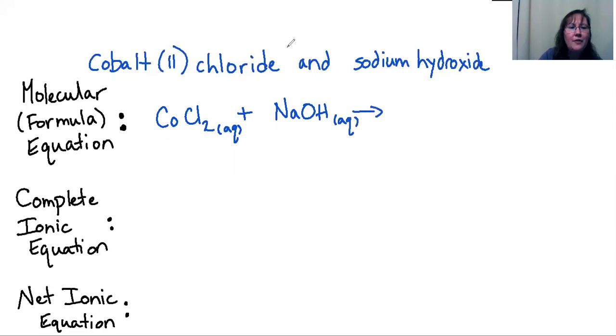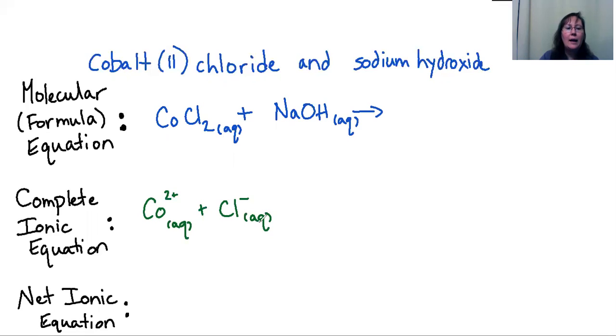Now, I often find that it's easier to do this if you start with the complete ionic equation first. Let's say that I have my cobalt ions and my chloride ions. Notice I'm not doing any balancing until I'm done.